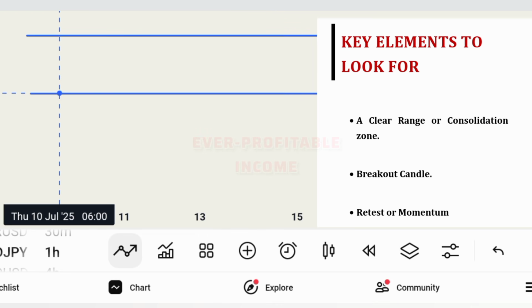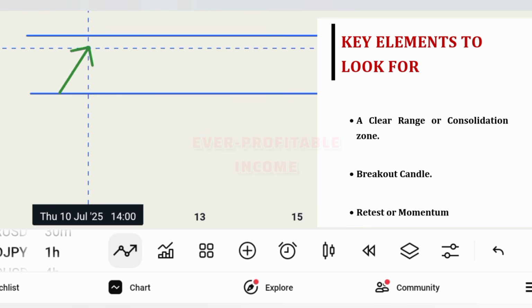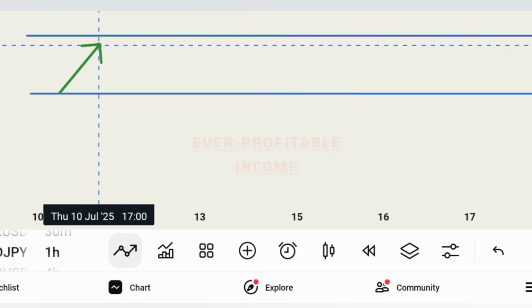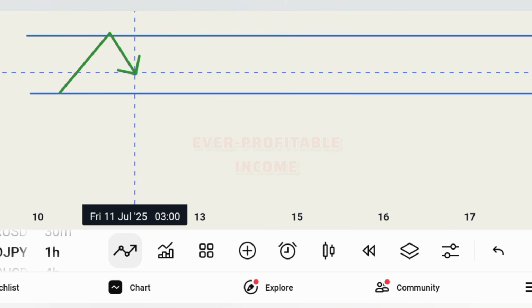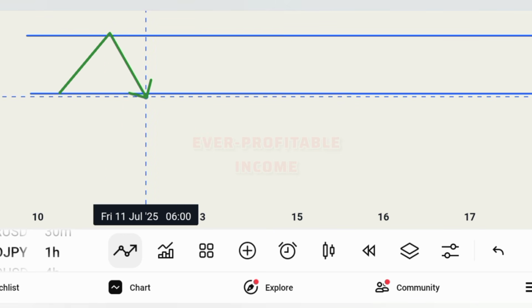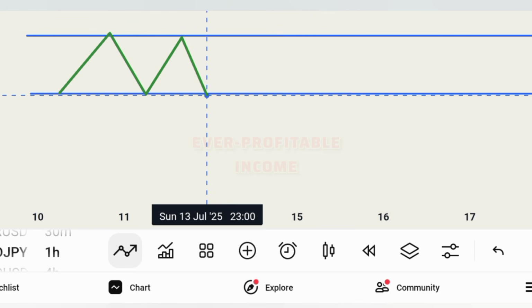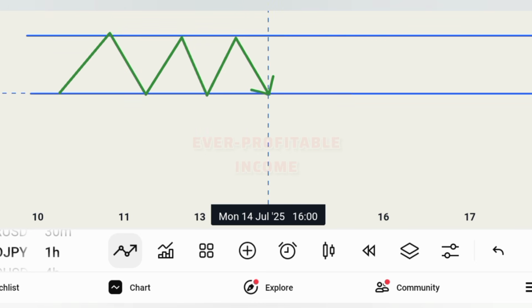So you look out for tight candles forming in a box-like structure. On your chart you should see something like this, price going like this in this manner. You should be able to identify consolidation zones like this for you to be able to watch out for a breakout.